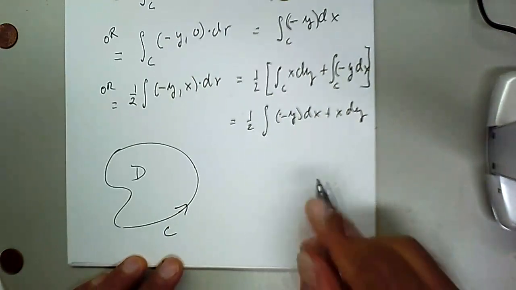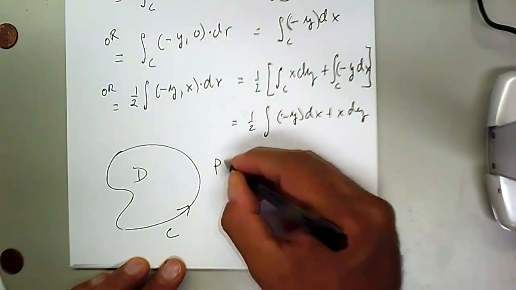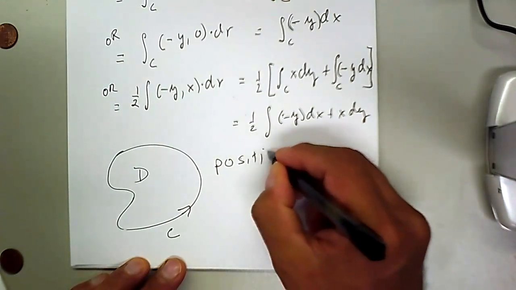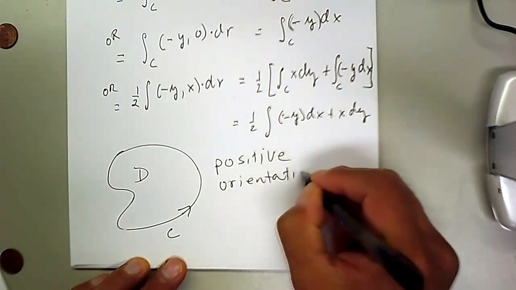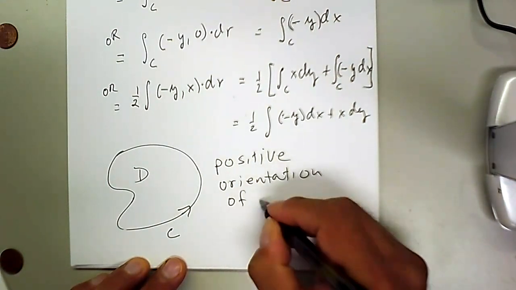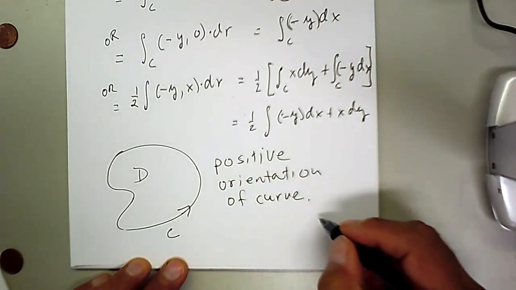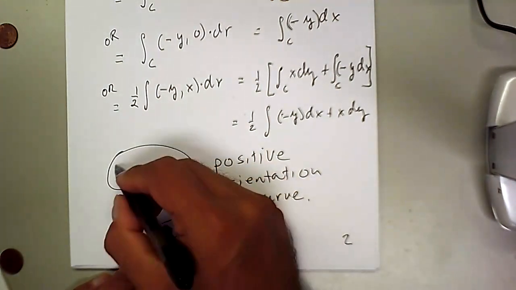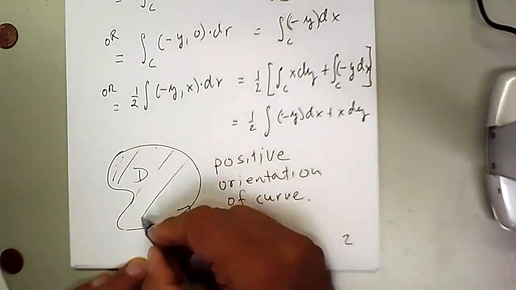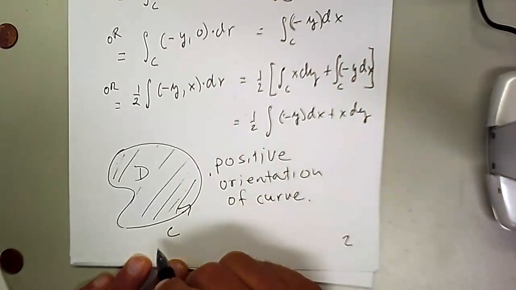So curves have an orientation. Positive orientation of the curve. Very, very important. So that means that the curve is being drawn in such a way that the region we are integrating over, as you go on the curve, is on your left.